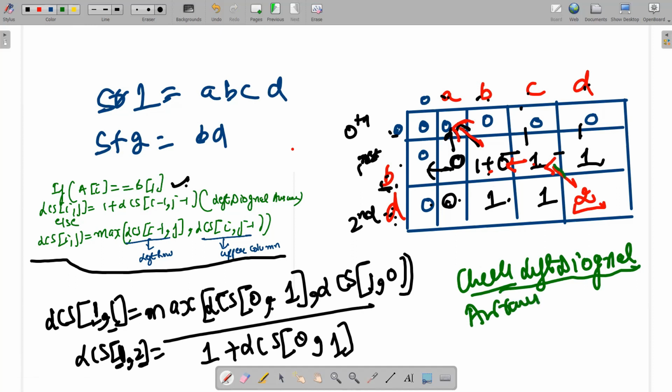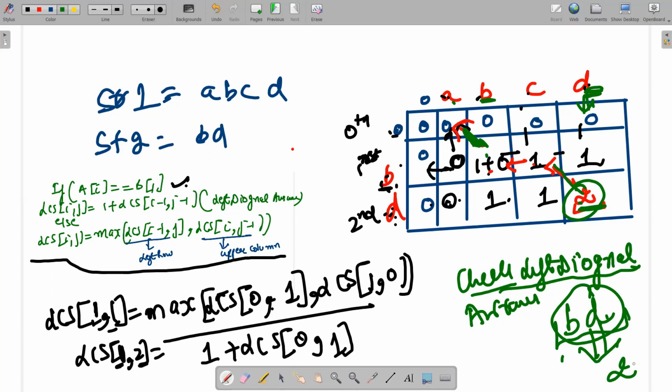The first left diagonal arrow is this, and this has come at the particular element D. Now the second left diagonal element that has come over here has come at B. So we have got B and D. The first left diagonal element has come on D and the second left diagonal element has come on B. And actually the similarity between ABCD and BD was BD only. So the total answer we have calculated over here is 2, which is the longest common subsequence.